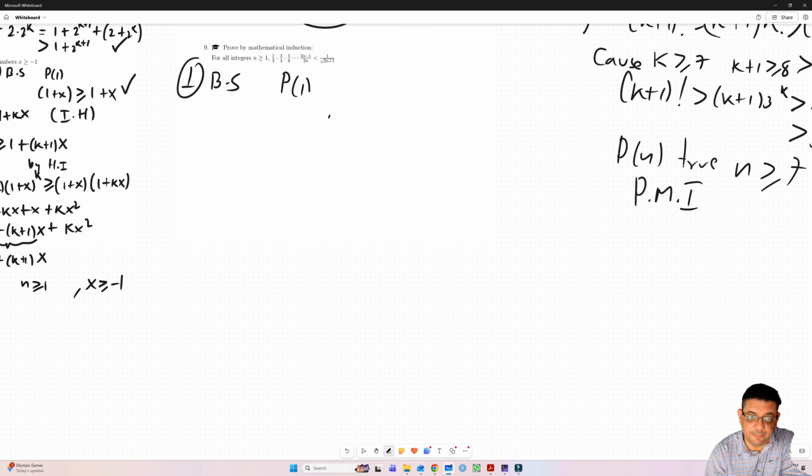So P of 1. For P of 1, this is saying the product is going to be less than the right side. For n equals 1, the first term here is going to be, if I plug in 1, I get 2 minus 1 over 2, so 1/2. So notice that I'm doing the multiplication from 1 up to this point.